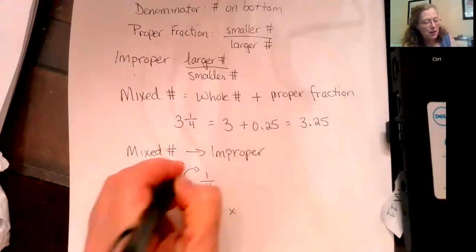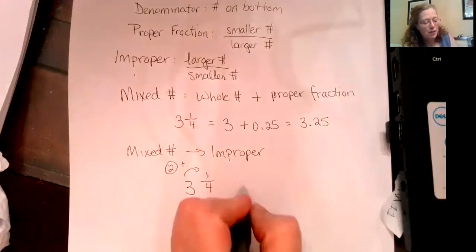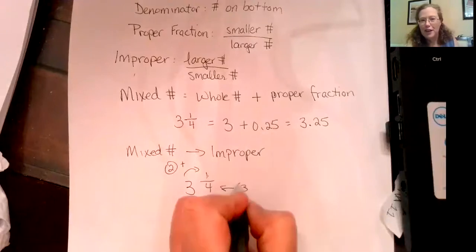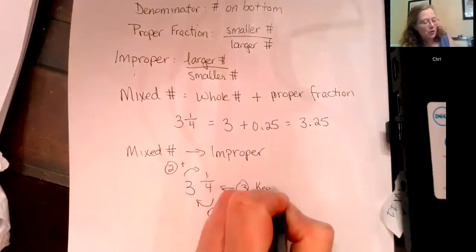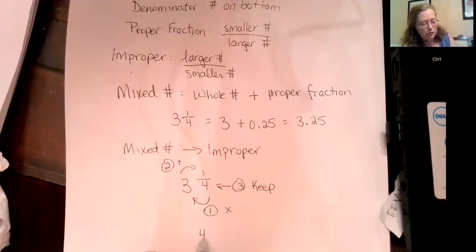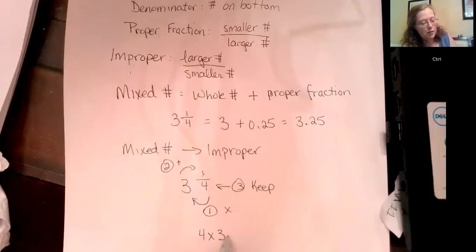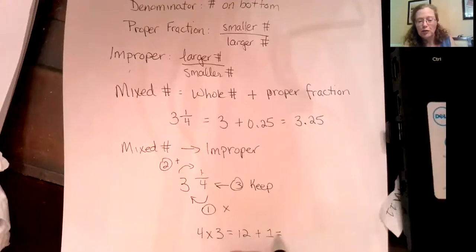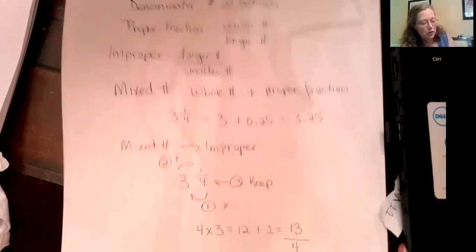And the third step is to keep the denominator. So let's see what we get. We have 4 times 3, and that's 12, plus the 1 on top is 13, and then we're going to keep the 4. This is the same as 3 and 1/4.